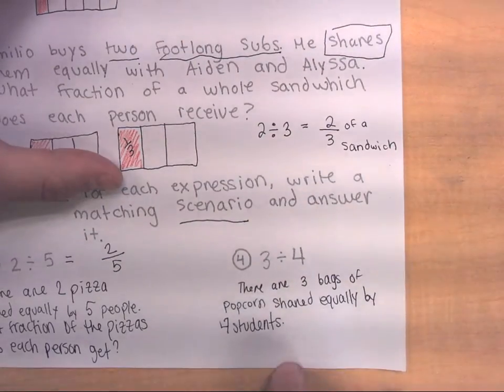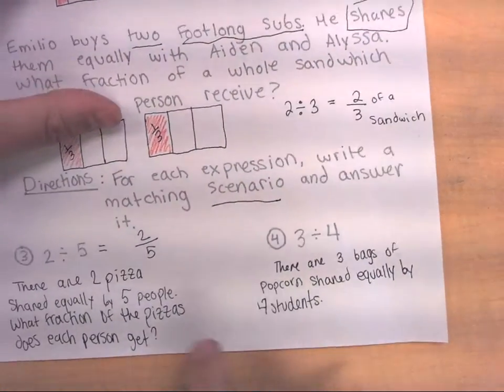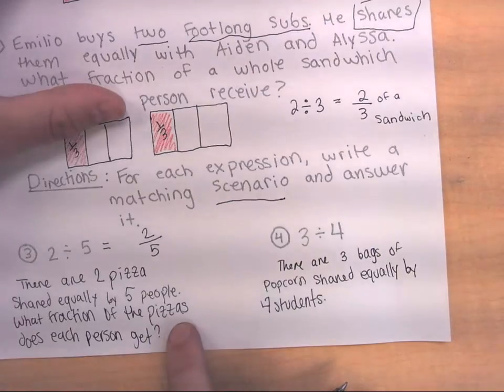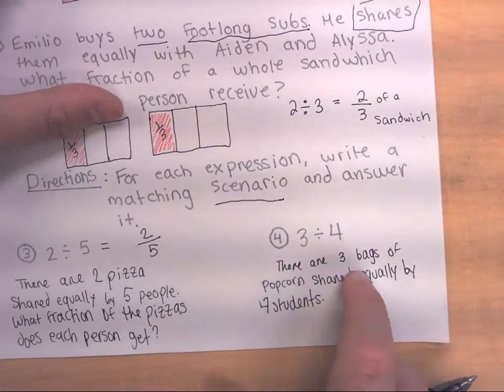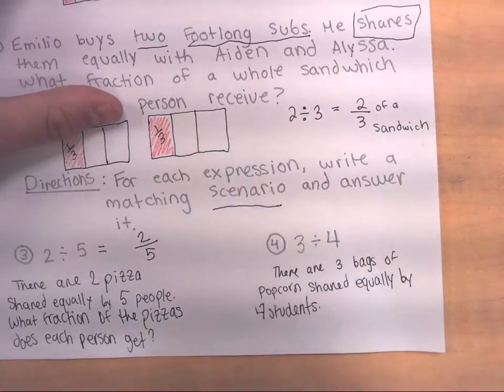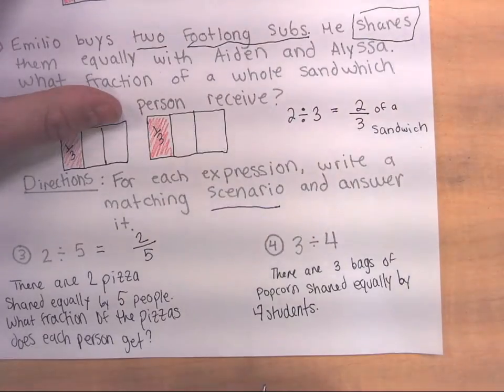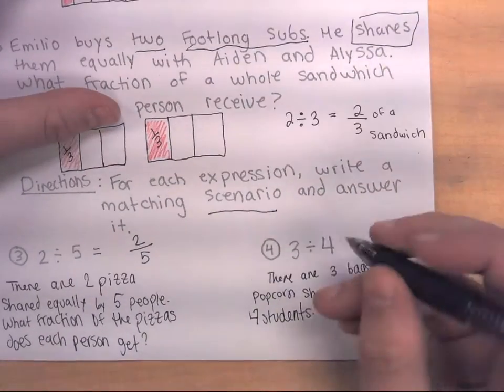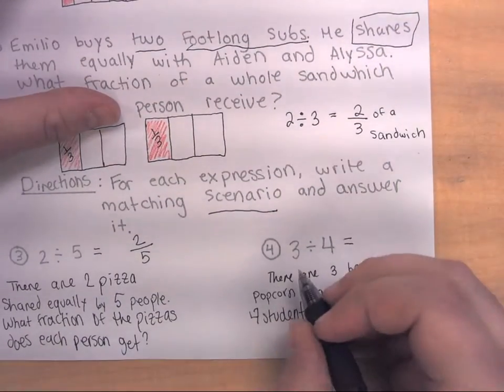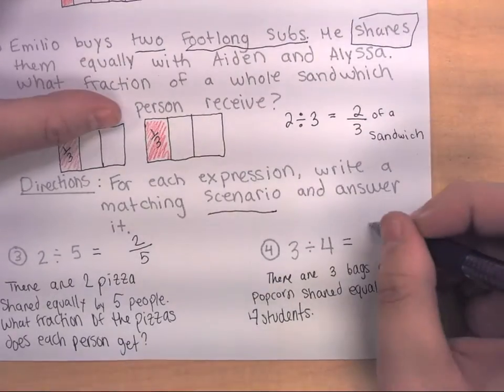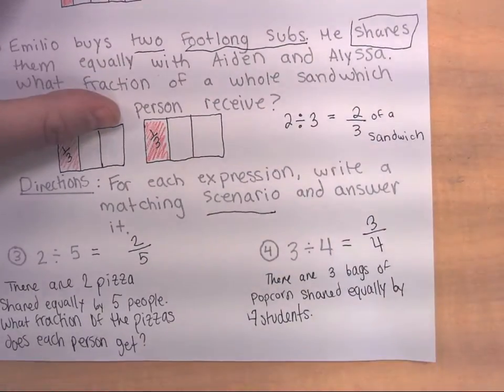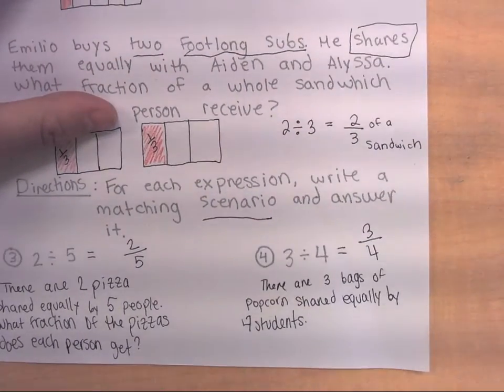And if we asked a similar question to question 3 here, we could say, what fraction of the popcorn would each friend receive? And again, students should recognize that 3 divided by 4 is expressed as a fraction 3/4.